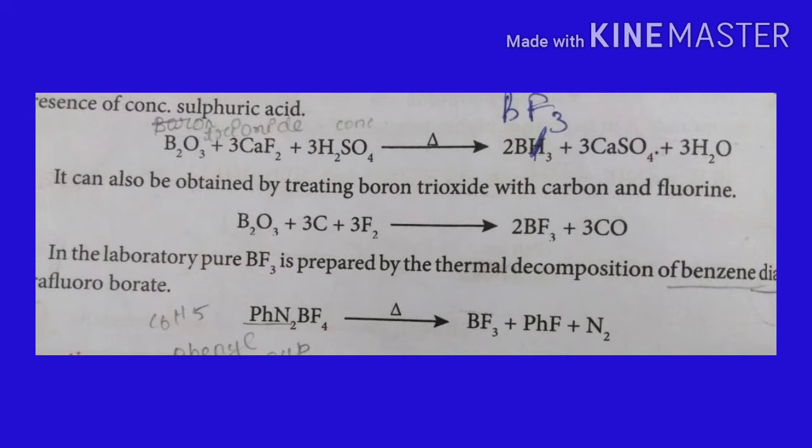Then diazo means 2 nitrogen, borate is boron, and tetrafluoro is F4. PhN2BF4 is called benzene diazonium tetrafluoroborate. On heating this, you can prepare BF3 with the elimination of fluoride and nitrogen.